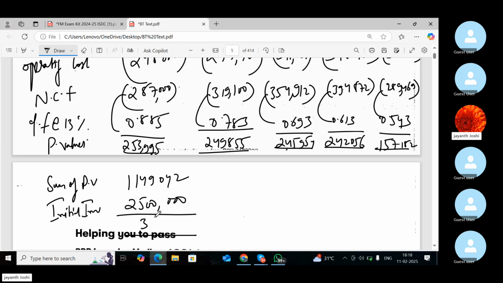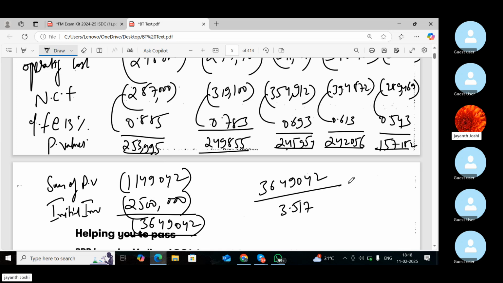So 3649042, and this is going to be negative. All are negative values, and then the annuity factor you have to get by adding all this for 5 years. So NPV of 36,49,042 divided by the annuity factor at the rate of 13% is 3.517.